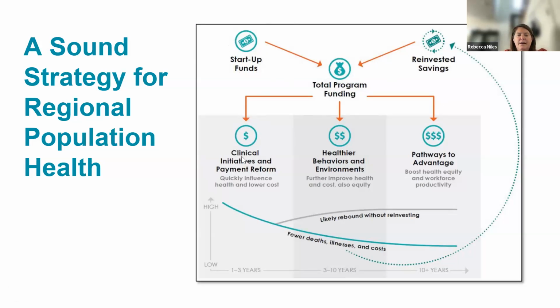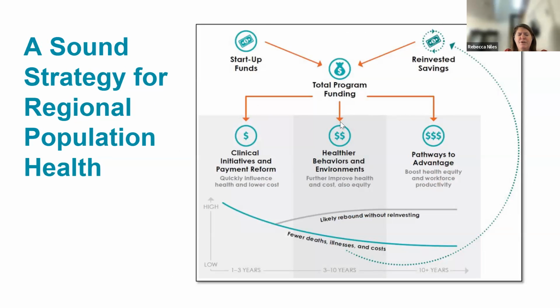So you start there, and the key thing here is this loop that you see over the whole thing: you take that money and you make deals with the insurance companies, Medicare, Medicaid, and the commercial insurers, in order to get back some of the return of the investment.